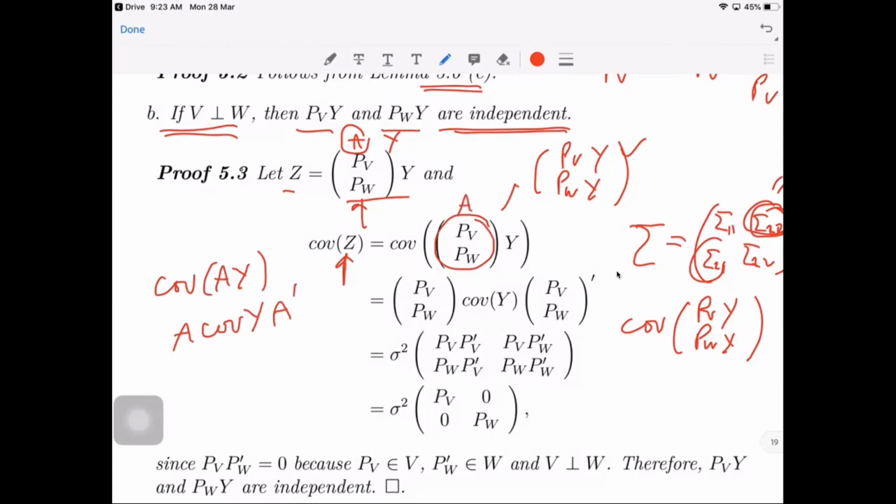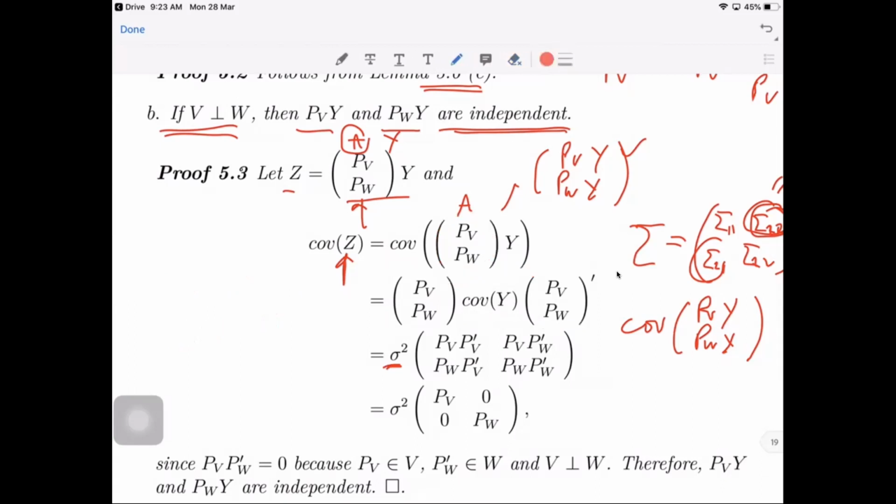So you have A covariance of Y, A prime. Okay, but the covariance of Y is given by sigma squared. And then if you work on these two vectors here, get the result.